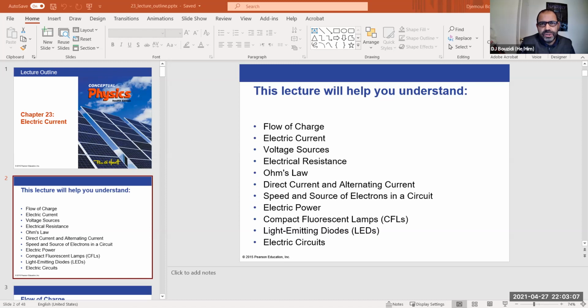Current is related to the voltage, and that's exactly what I was talking about in terms of 120 volts on the wall, or in the case of a regular battery, this is a D-cell battery, it's 1.5 volt, okay? So this is the voltage, this is what causes the current to flow in a conductor. Then we're gonna talk about the electrical resistance.